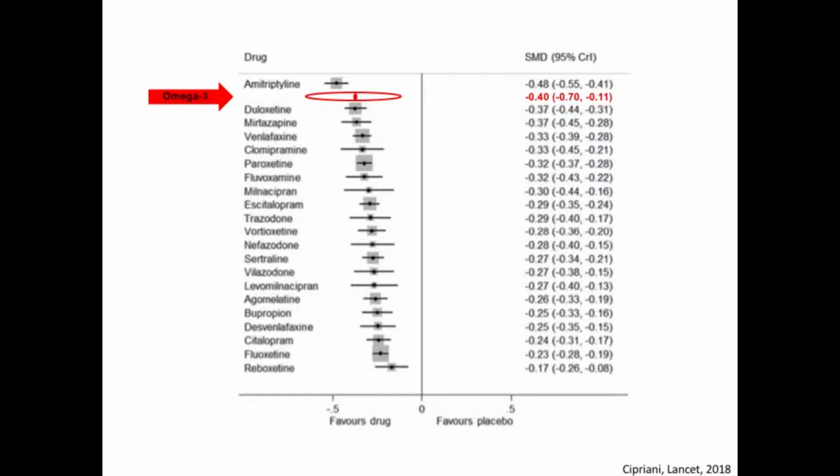But what was really important for me, all the other antidepressants were designed to share a common mechanism of action, modulation of monoamine neurotransmitters, while the omega-3 fatty acids work in a totally different way. They modulate membrane fluidity and inflammation. So it's not only that they work, but they work in a totally different way. So these data were really fascinating to me. Dare I even say really cool.